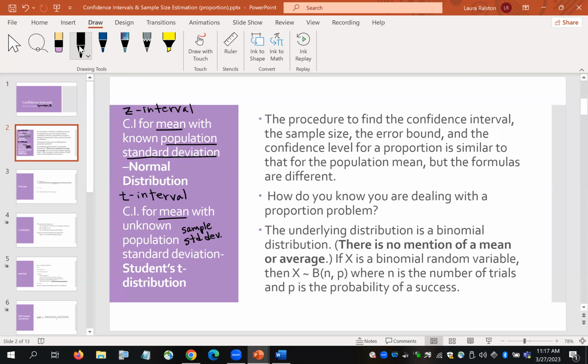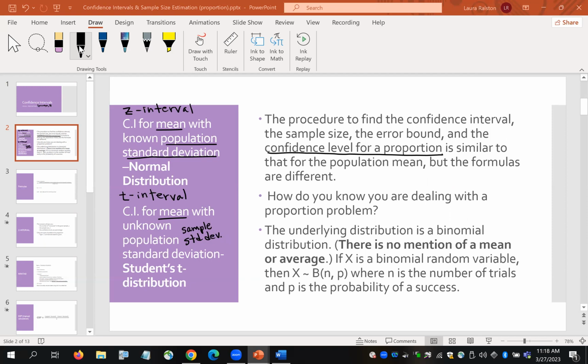When you're thinking about the confidence level for a proportion, the underlying distribution is a binomial distribution. And in the scenario, there will be no mention of a mean or an average, or even a standard deviation.